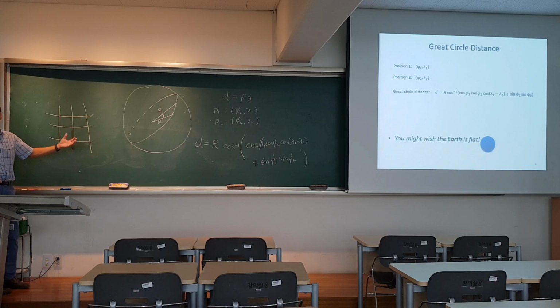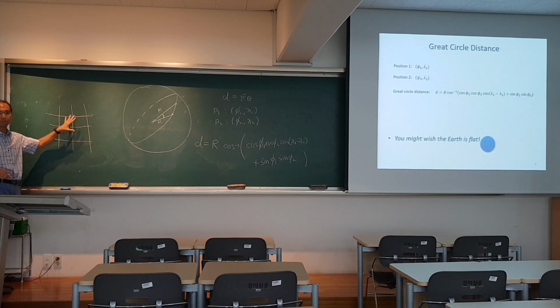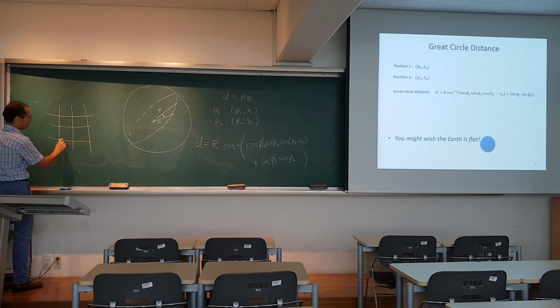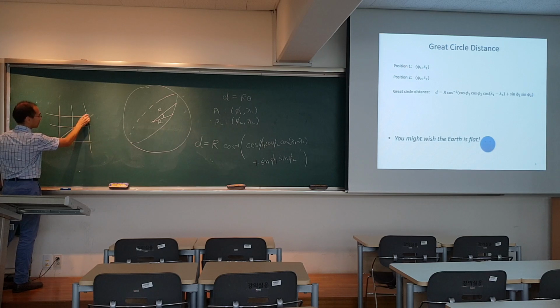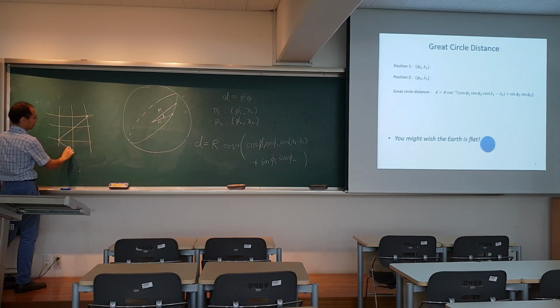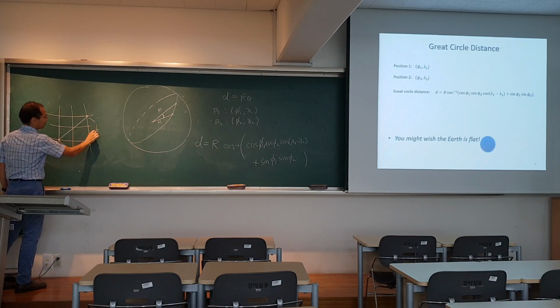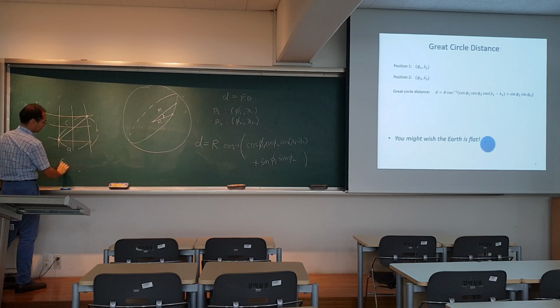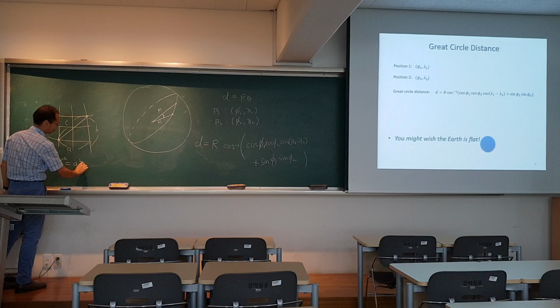I mean, if the latitude is not very high, around Korea, we saw this is similar to a rectangle. So you might think this distance is going to be similar to A, B, C. So C squared equals A squared plus B squared.